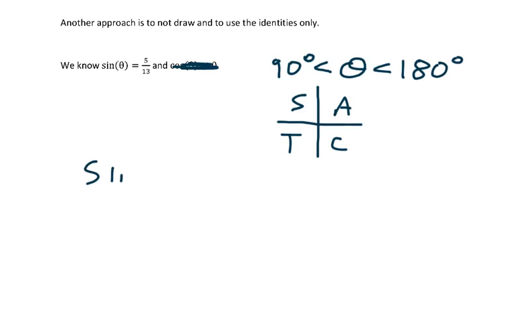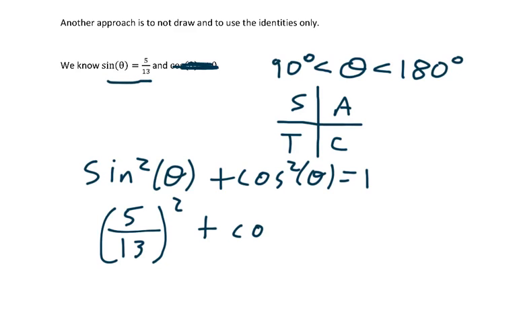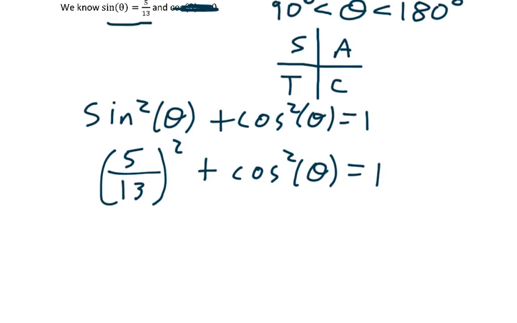And if you remember, sine squared of theta plus cosine squared of theta has to be 1. We know what sine of theta is. That's 5 over 13, given to us. So we have (5 over 13) squared plus cosine squared of theta is 1.